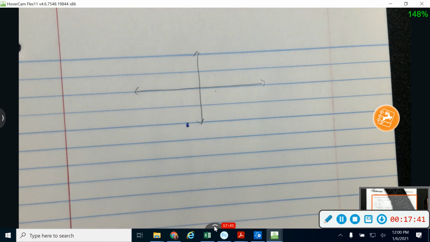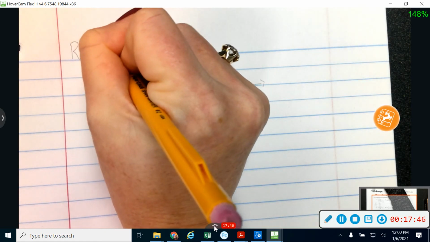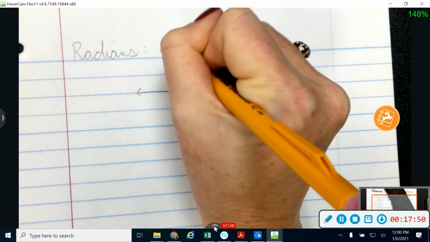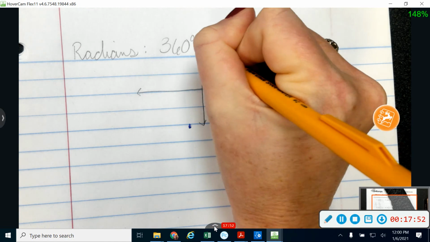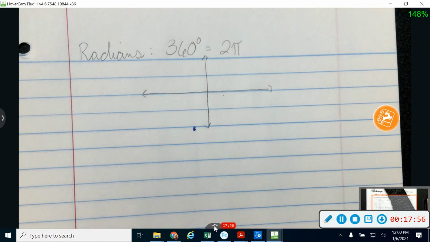The trick to radians is to know that 360 degrees is equal to 2 pi in radians.